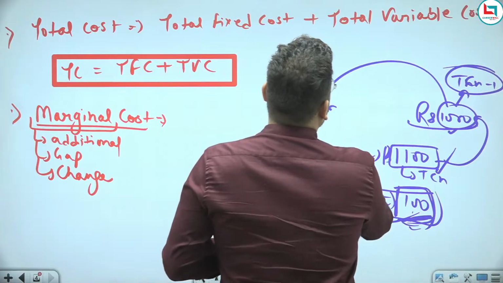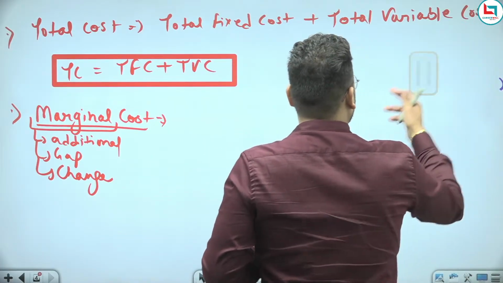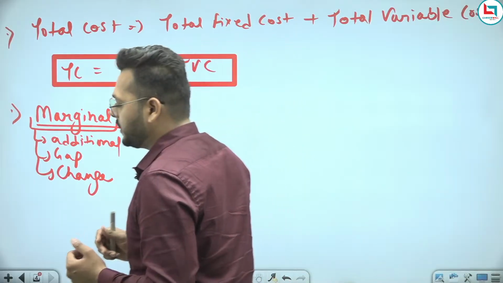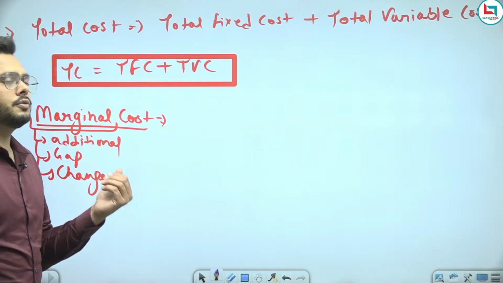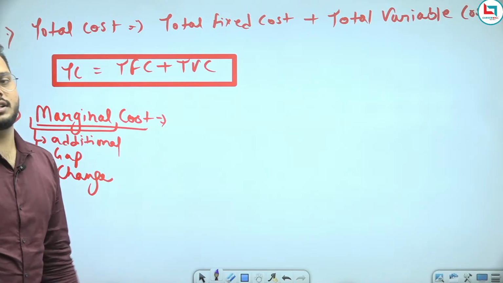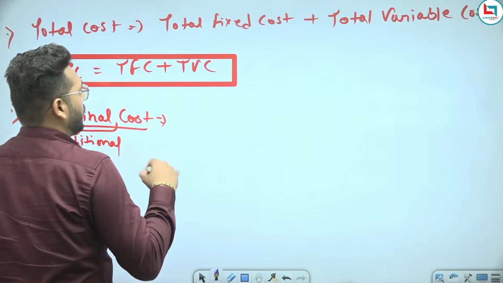Have you got my point? First of all, we will write the definition of marginal cost, then we'll find the formula of this marginal cost.